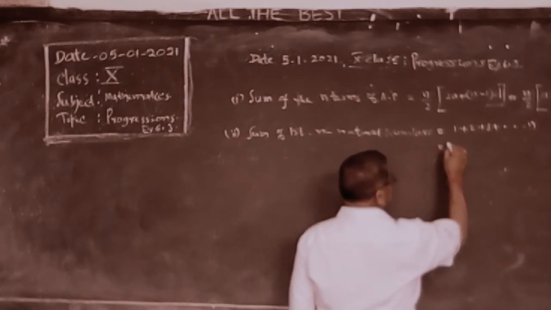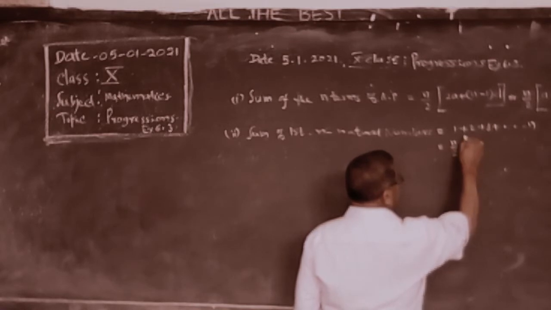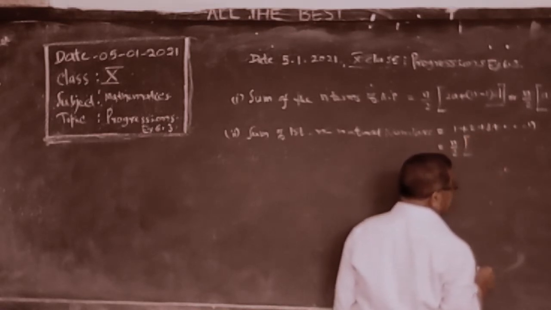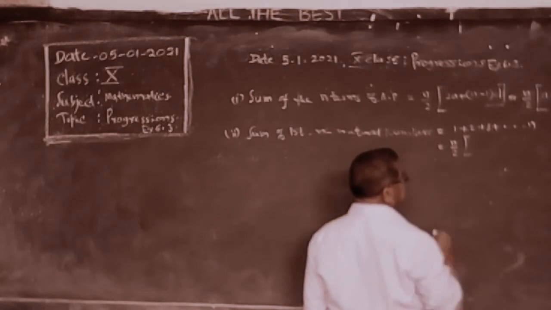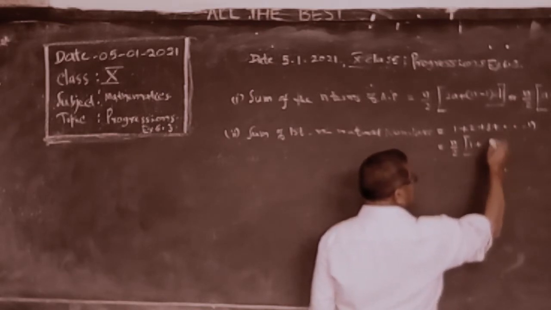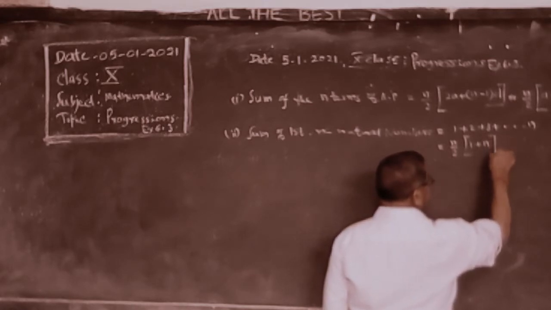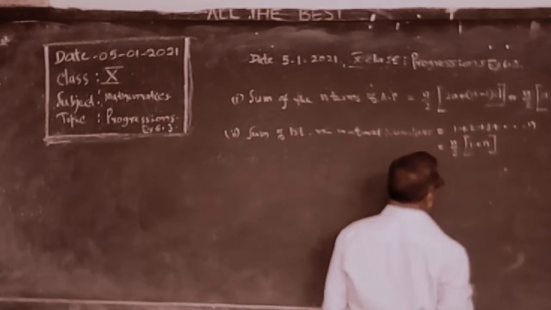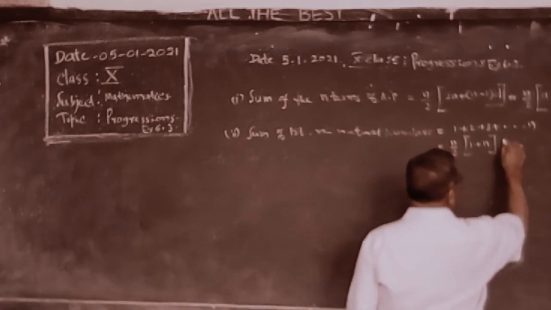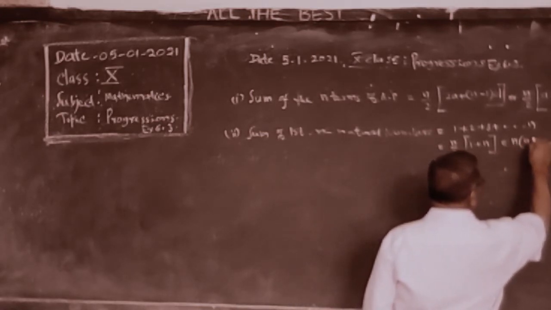The formula is n by 2 of (a plus l). The first term is 1 and the last term is n. So this is n of (n plus 1) by 2.